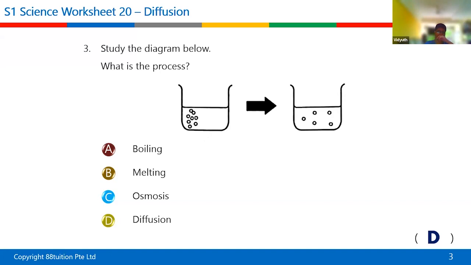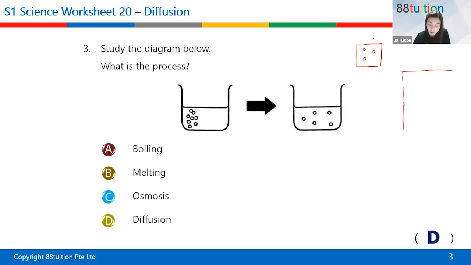I think I covered this last week or the week before. If let's say there is this particular question, it says that there are some air particles, or gas particles, in a small box. When these air particles are being transferred into a bigger box, draw a diagram to show how the gas particles will behave.